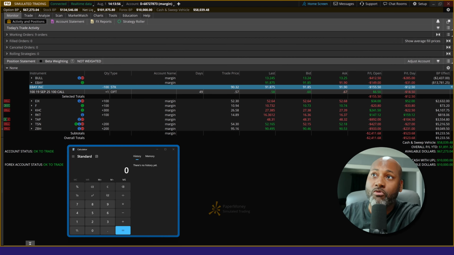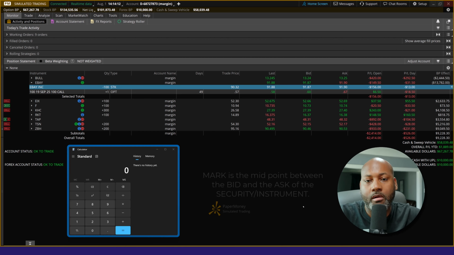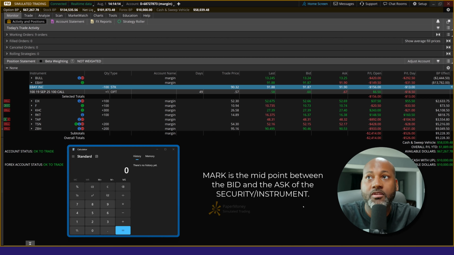But these numbers change very fast, so attempting to do that is going to be very difficult. So I'm just going to tell you what they're using. They're using what's called a mark price. The mark price is the midpoint between the bid and the ask.